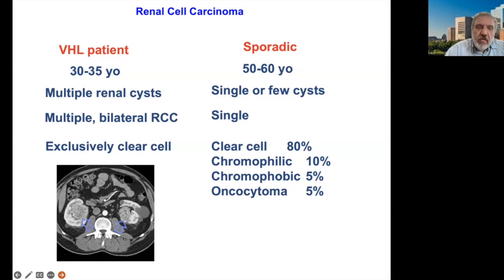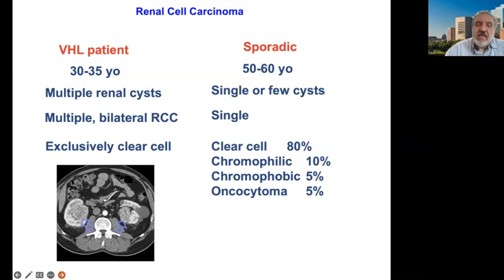So the kidneys of the VHL patient can have just cysts, just solid tumors, or this popcorn bag that has cystic component and solid component. It does not mean that if there is a cyst, it's going to become a solid tumor. Sometimes they fill in with solid component. Sometimes they remain cysts, even big cysts, forever.